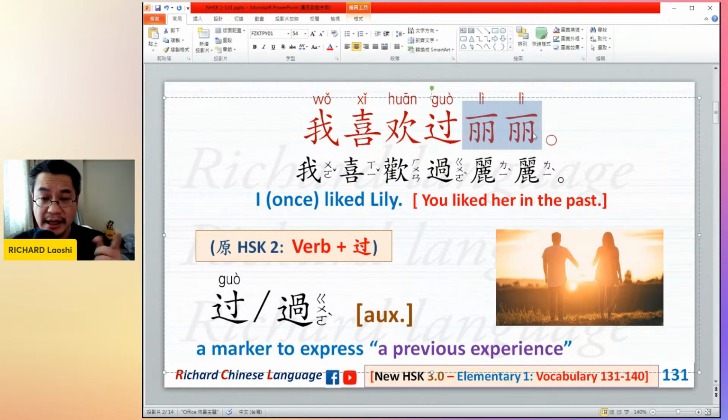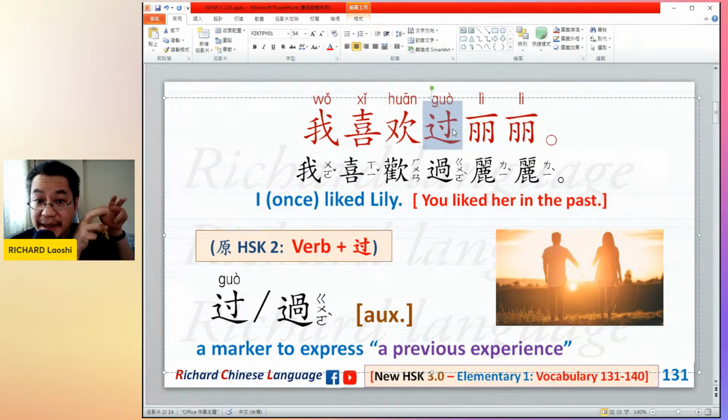This is a fact. But when you add a 过 here, whoa, the meaning is totally different. That means you liked Lily in the past, which also means this situation, this status doesn't continue to the present.